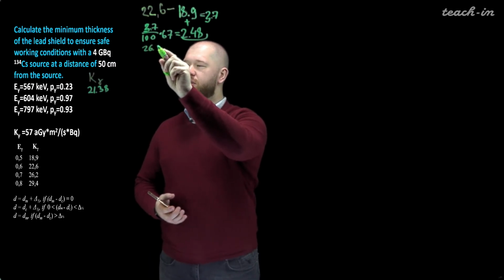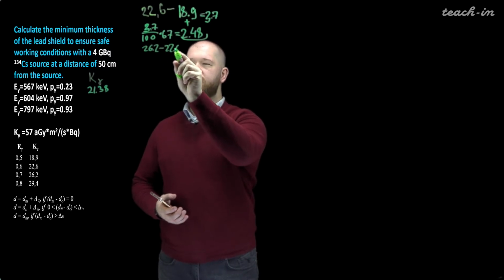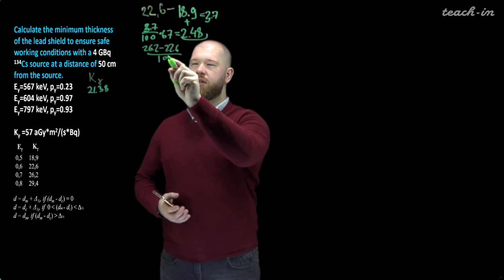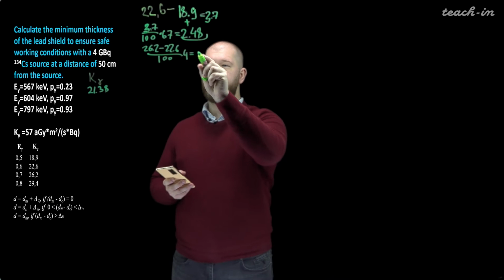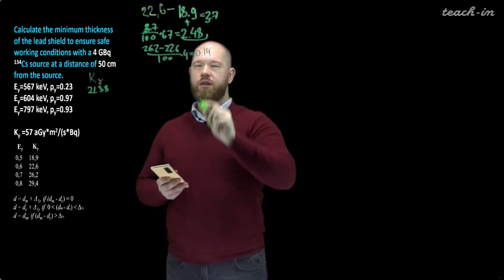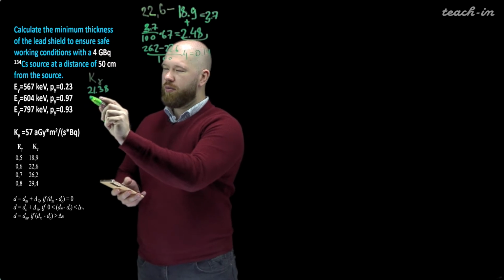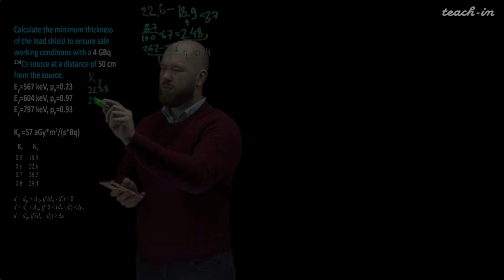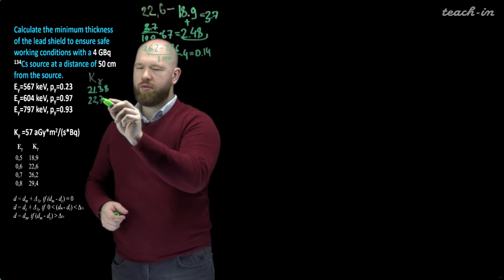So it will be 26.2 minus 22.6, divided by 100, multiplied by 4. It will be a very small addition, but still. So it will be 22.74.